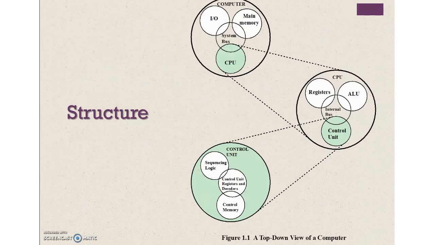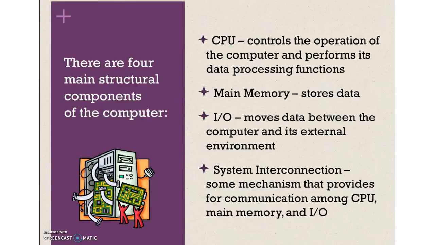We now look in a general way at the internal structure of a computer. We begin with the traditional computer with a single processor that employs a microprogrammed control unit, then examine a typical multi-core structure. There are four main structural components: CPU, main memory, I/O, and finally system interconnections.